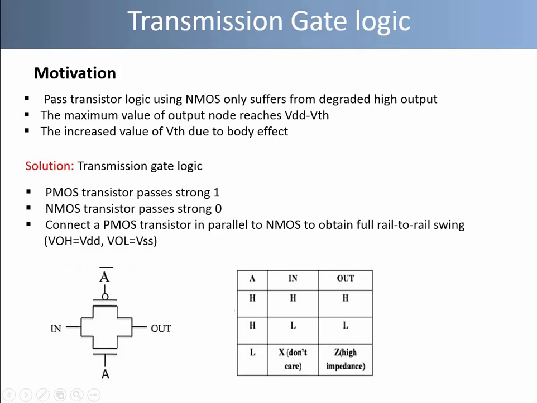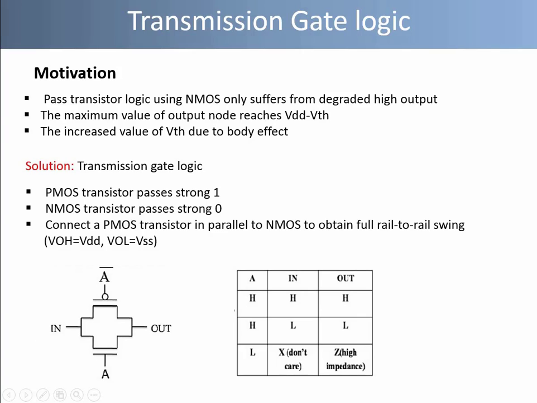This transmission gate acts as a bidirectional switch controlled by the signal A. When A is equal to 1, both these transistors are turned on, and this allows the signal applied at the input side to pass through the gate. In short, out is equal to in when A is equal to 1.